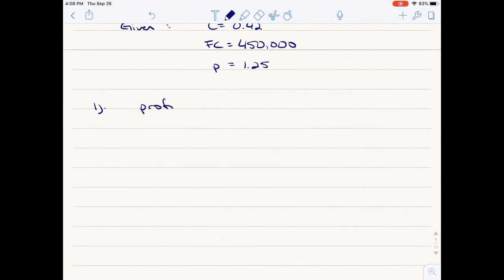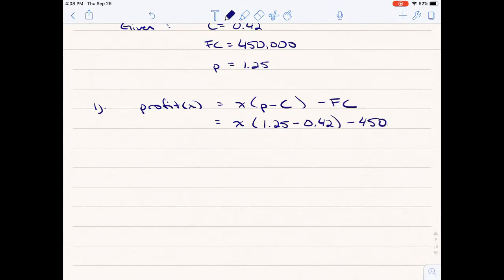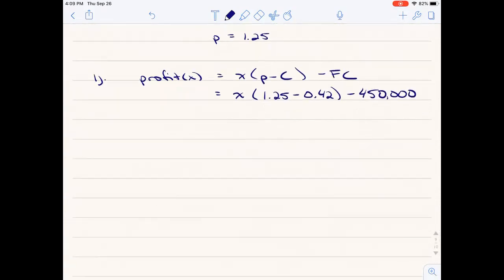The profit of X is X times P minus C, minus the fixed costs. Now I'm just going to plug in everything that I know: X times $1.25 minus 42 cents, minus 450,000.